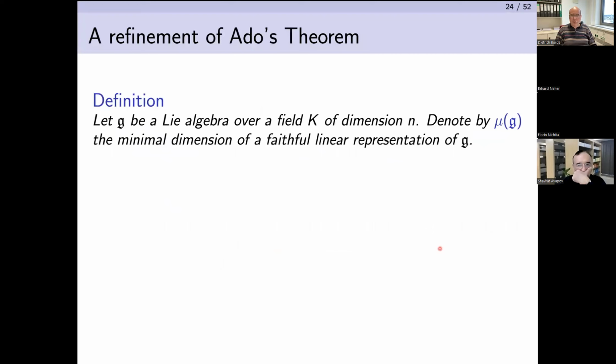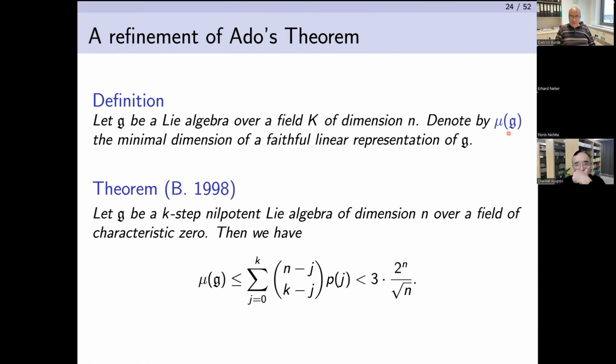And I mention this because I told you about Wolfgang Mohn's work with me. He did a thesis on Ado's theorem. So actually, you can formalize this by asking what the minimal dimension is.